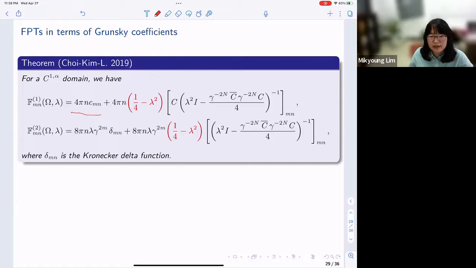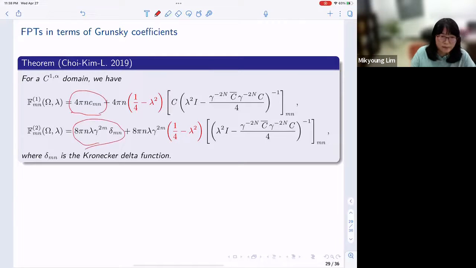The second type has a similar expression. In this case, the first term is simple: we just have index n times the Grunsky quotient and the delta function. So you can easily find that when lambda equals plus or minus 1/2, the second part is 0.